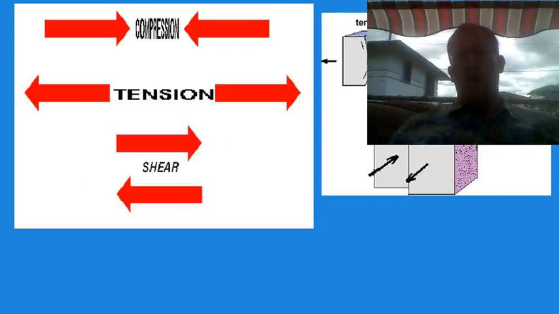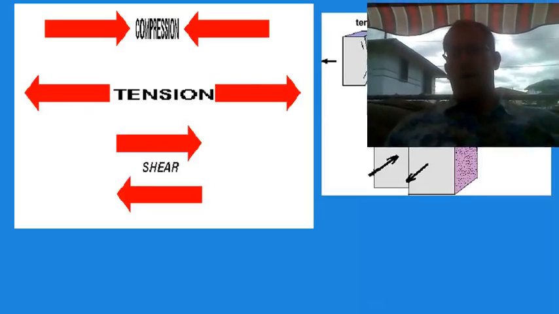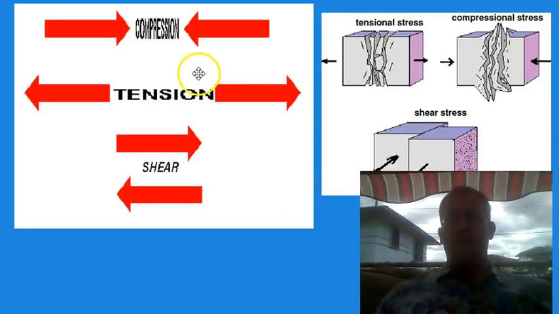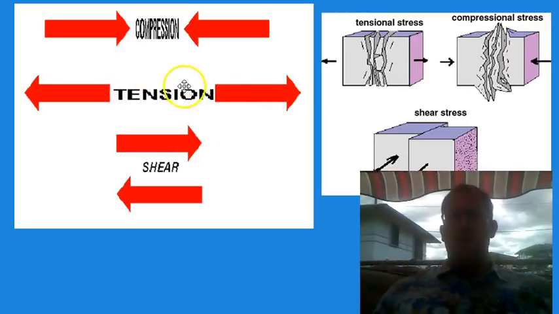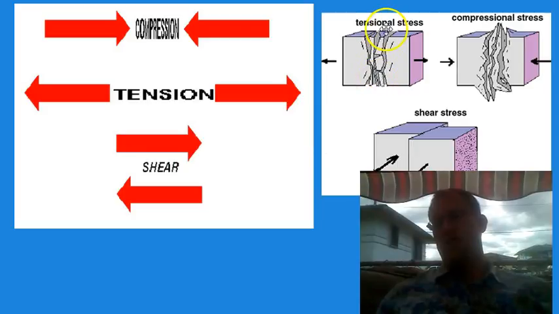Okay, just pictures for the different kinds of forces again. So a tensile force pulls, a compression force or crushing force pushes together, a shearing force goes in opposite directions. Okay, when something fails because of tension forces, you see the middle part shatter out, and the two halves come apart.